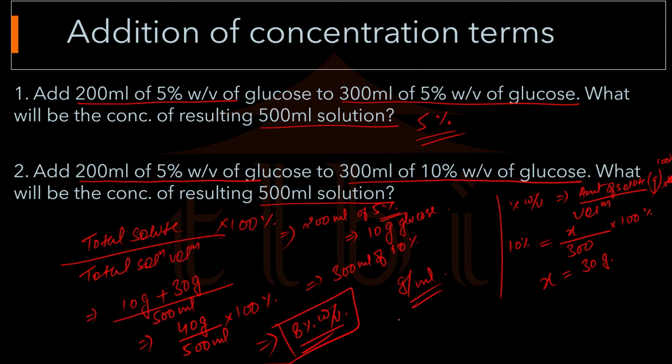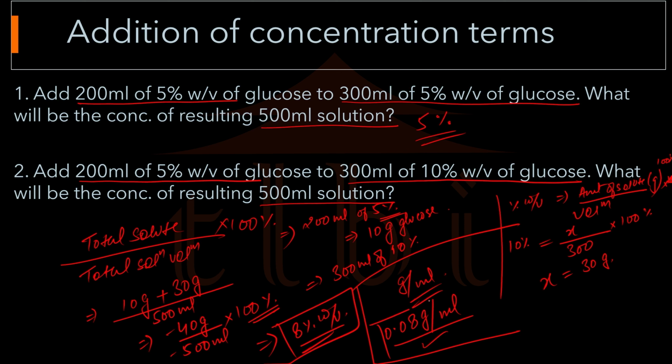Okay. So for that you don't need to multiply by this, and you can simply say answer will be 0.08 grams per ml. How do we do it? Yeah, it's simple, right? You divide 40 gram by 500 ml and you get this.